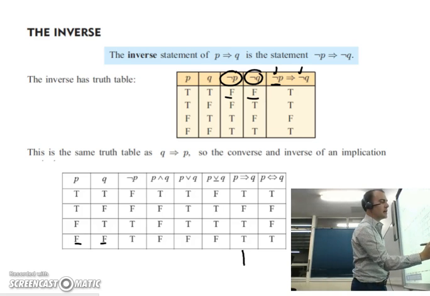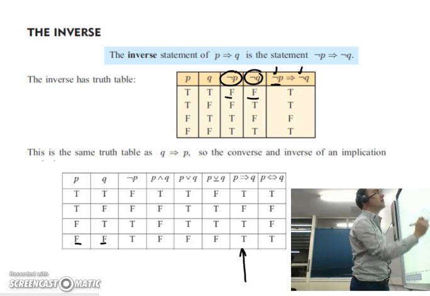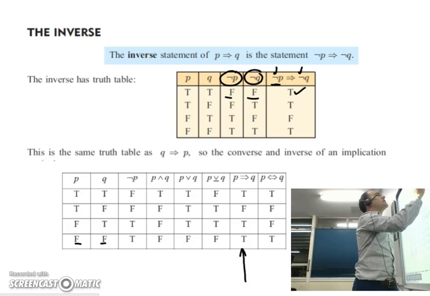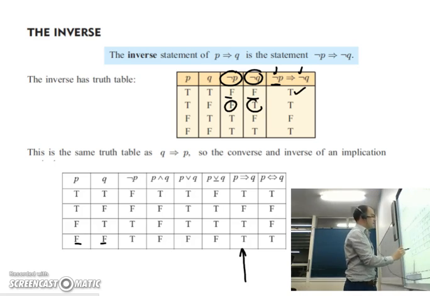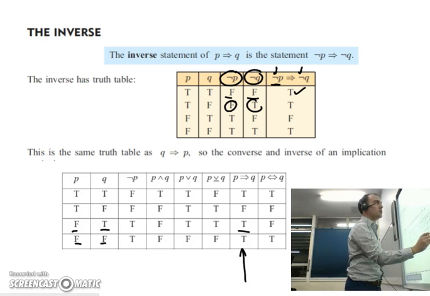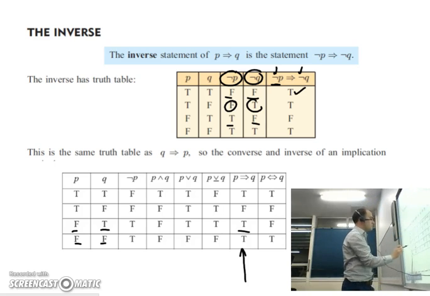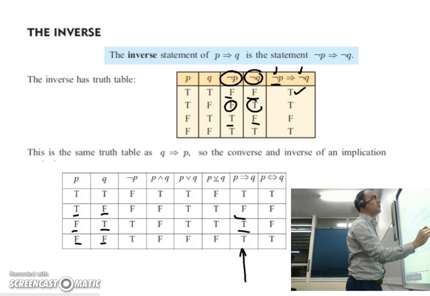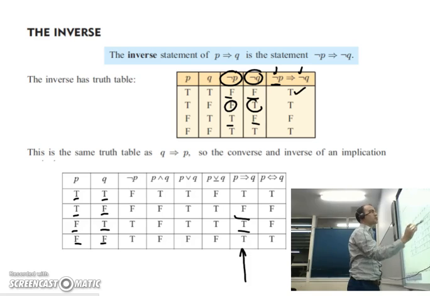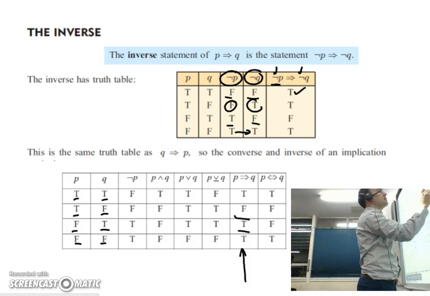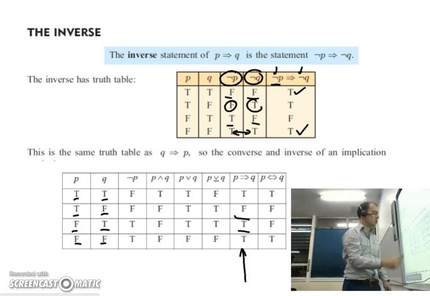I can see that using this column, it is true. Second one, I have a false, then a true. I would come over, a false, then a true. It would be true. Next one, I would have a true, then a false. The statement would be false. And lastly, a true and a true, which you can see here, stands as a true.